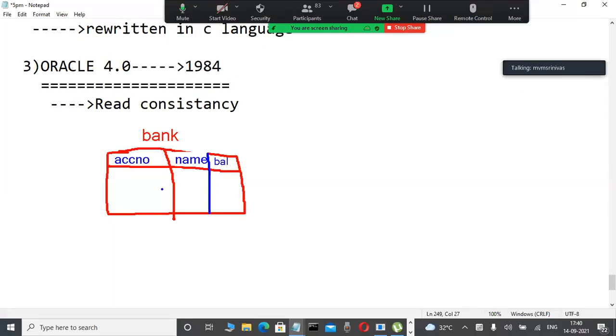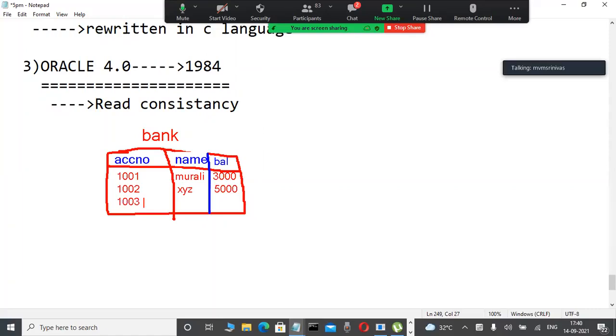In this table, check it out, some data is there. Account number 1001, the name of the account holder is Murali, for example, balance is 3,000 rupees. Again 1002, XYZ is the name, 5,000 rupees, for example.